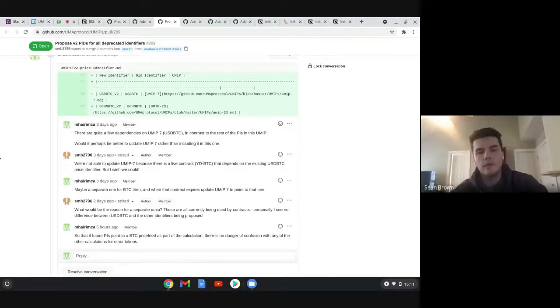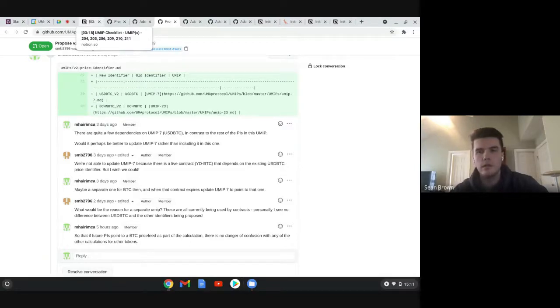Yeah, I think so. As a summary for this UMIP, we have an issue where there are old price identifiers that were used with non-18 decimal collateral currencies and are currently being used in live contracts. There's no change in the actual implementation for these, which is why this UMIP is so simple.